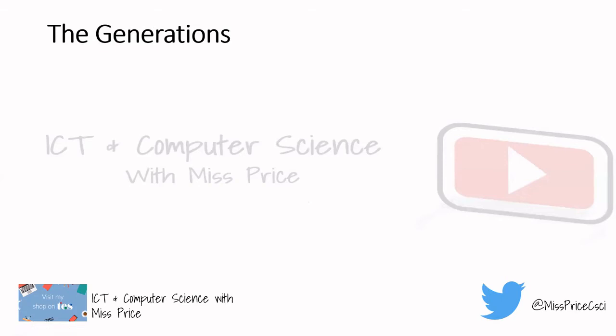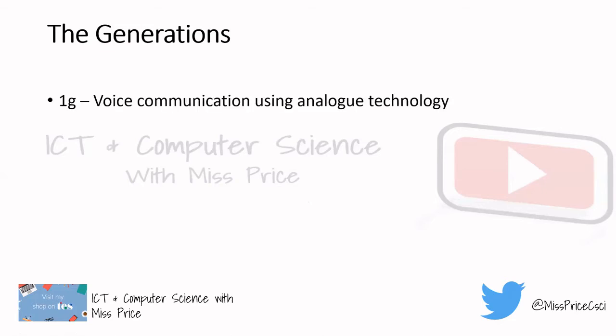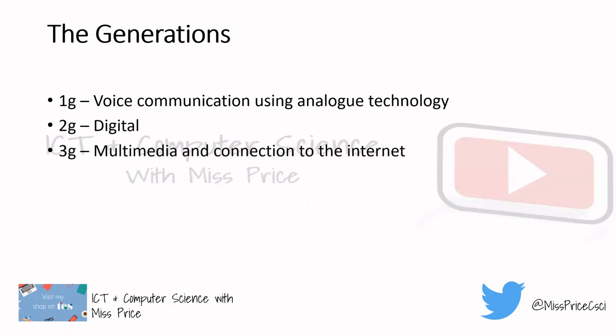Now, thinking about how the mobile networks have evolved throughout the years, there are many different generations. The first generation was purely voice communication. The second generation went digital. Then when 3G came along, which I remember myself, you could actually video call people, which really couldn't happen on your mobile phone before.